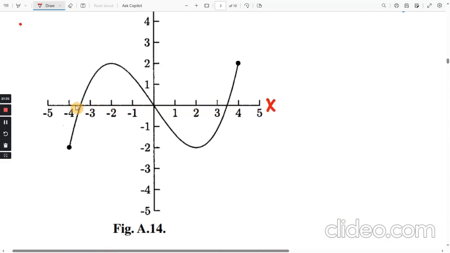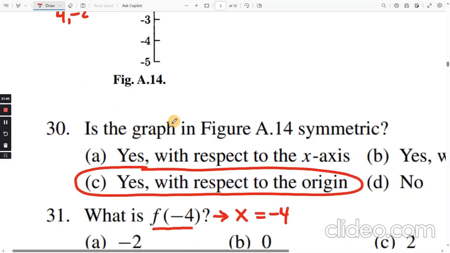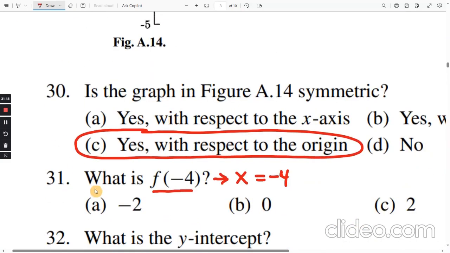Go to x equals -4 right here. Trace it to the graph. That's right there. And then trace it to the y-axis. And that's -2. So this point on the graph is (-4, -2). So the answer is just -2. And that is answer A.